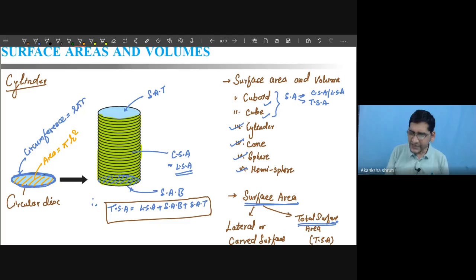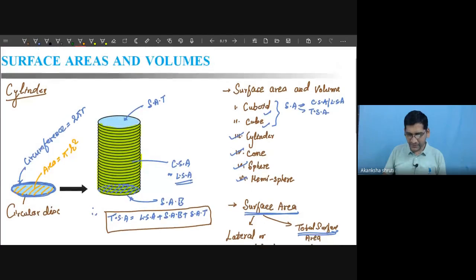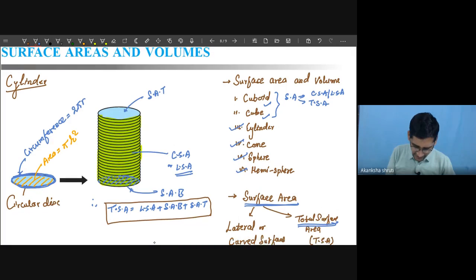Now we have to understand two things. One is the curved surface area. Another one is the total surface area. Then we will understand its volume also. So students, for this circular disc, we have circular boundary length.